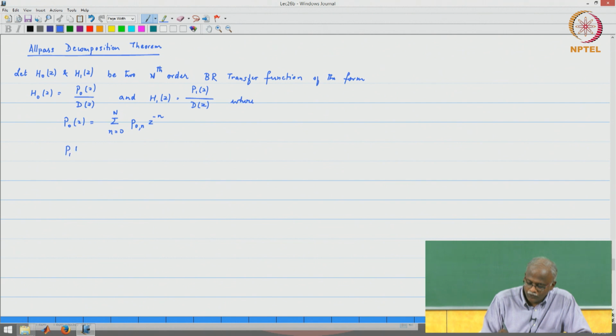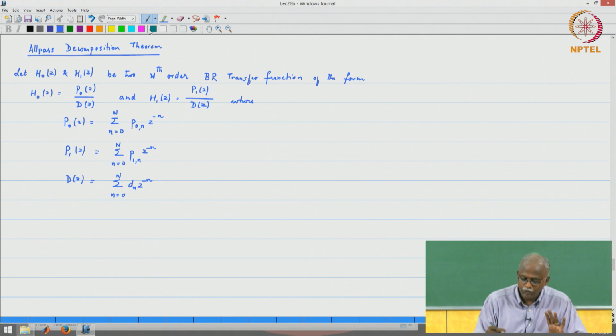P1 of z has the same structure, sum over n equal to 0 to N, p1,n z power minus n. D of z is also a polynomial of order N, sum over n equal to 0 through N, d subscript n, z power minus n.